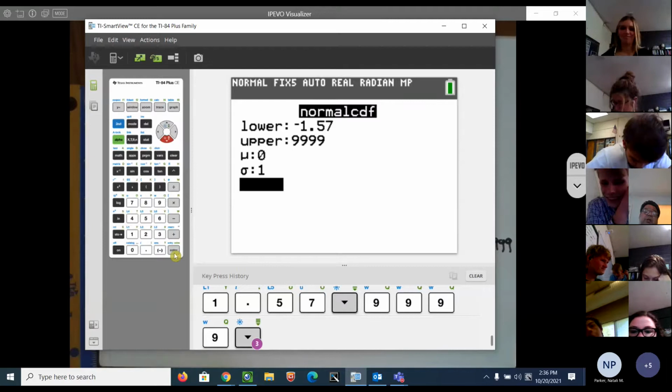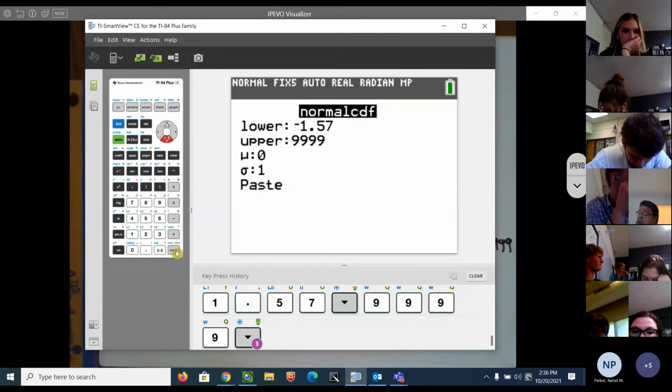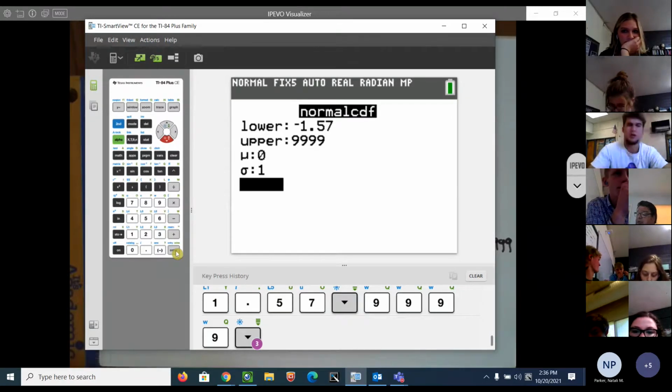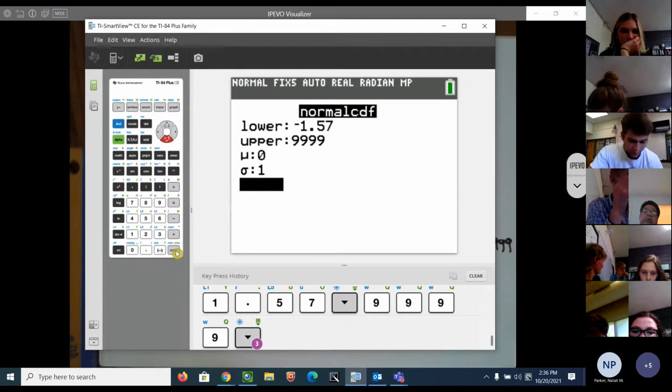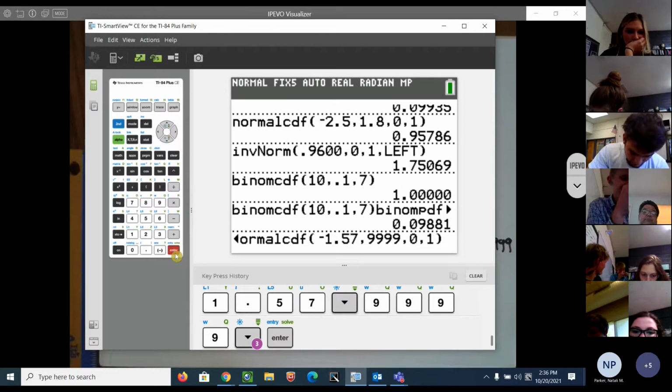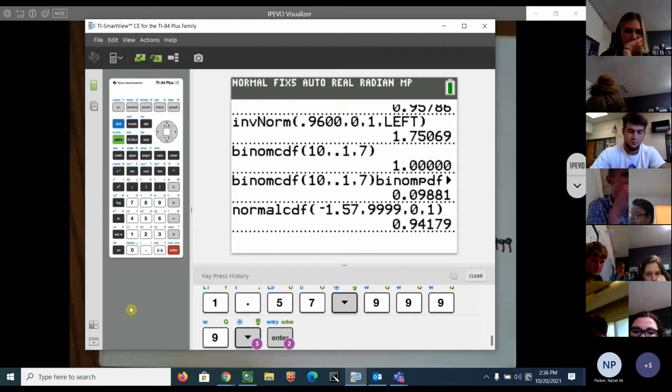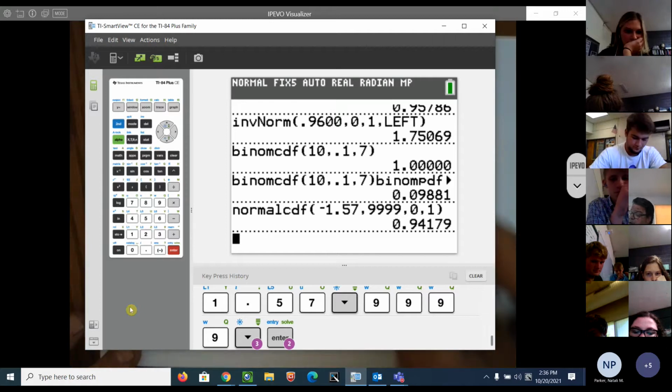If you've got a newer calculator, you can punch in 39 and put in the mean and the standard deviation. In this case, 50 and 7, and it'll give you the same answer. 0.9418.